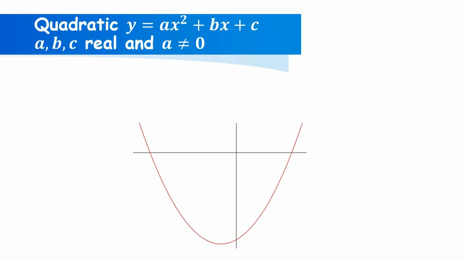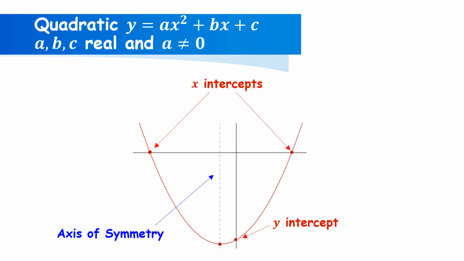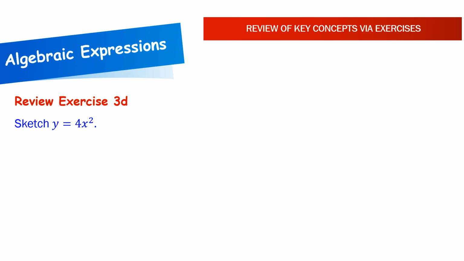In order to plot our quadratic equation, we need 3 or 4 key points. We need the x-intercepts and the y-intercept, i.e. when x is 0, what is y? And we need the axis of symmetry. So let's go back to our quadratic, y equals 4x squared, and sketch it.